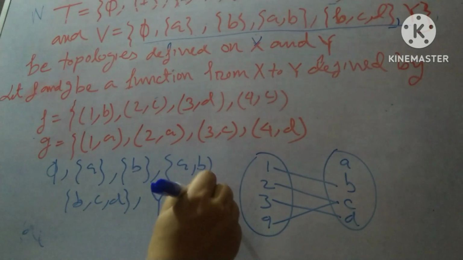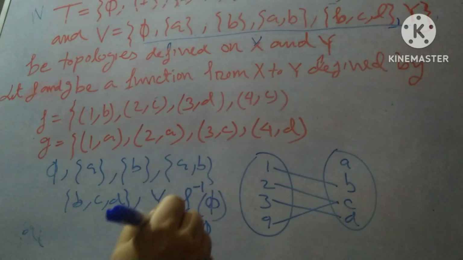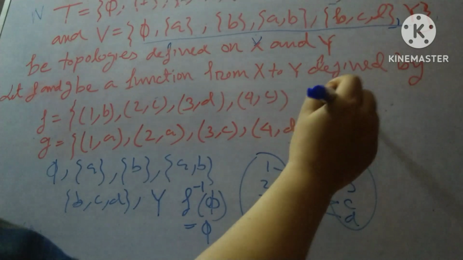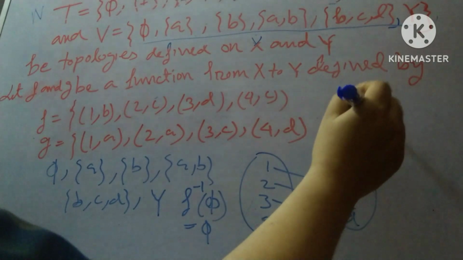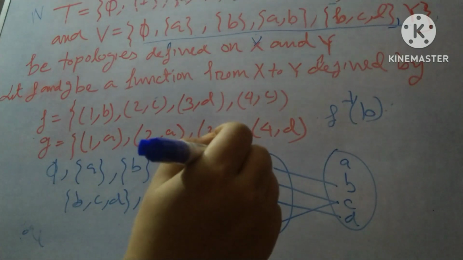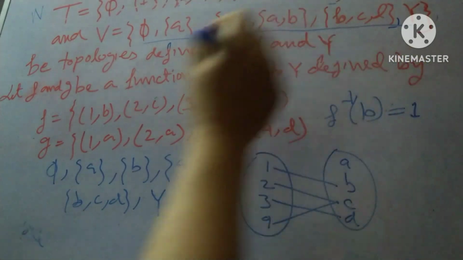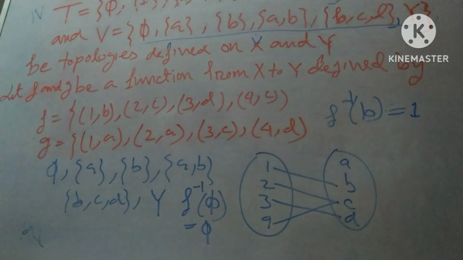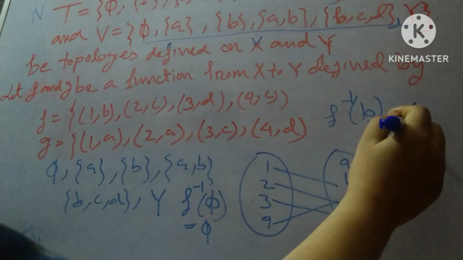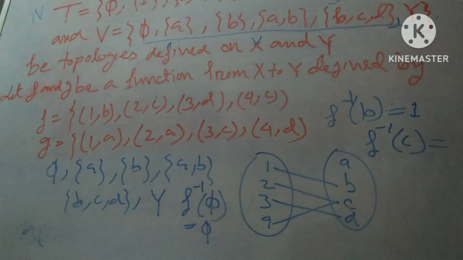F inverse of phi equals phi. And F inverse of {B} equals 1. F inverse of {B} equals 1.